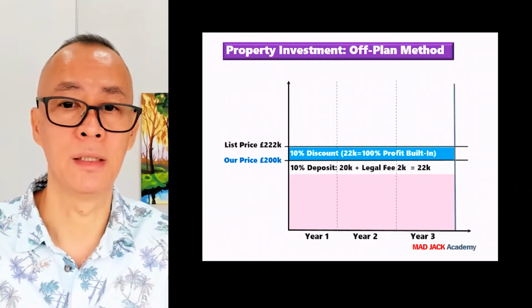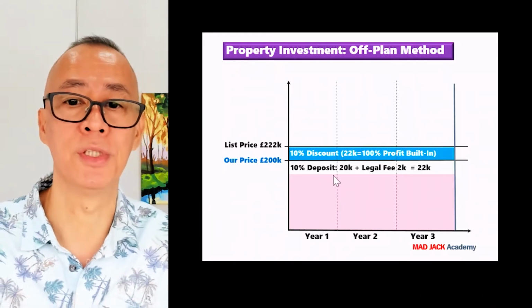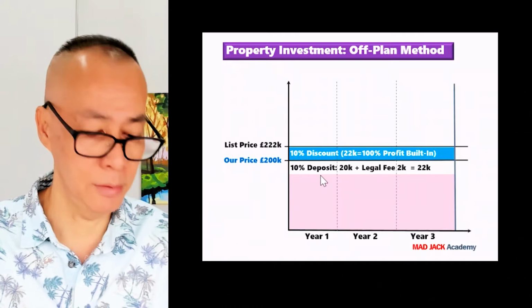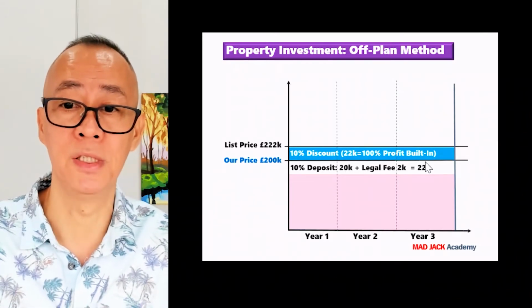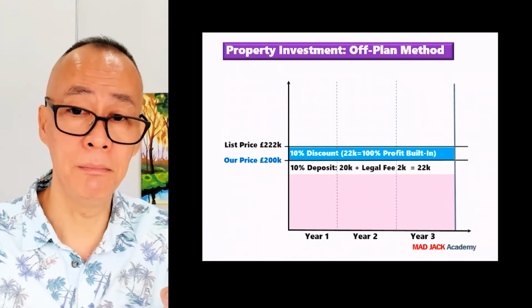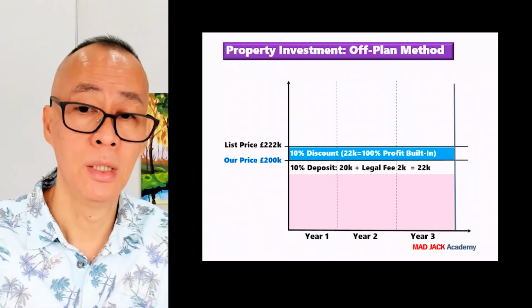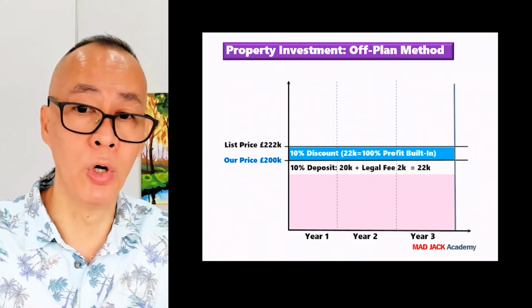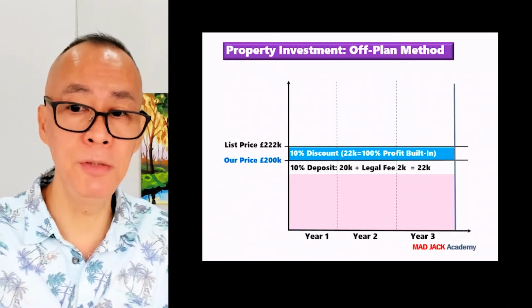You buy this at a bulk discount, then you put a 10% deposit in it. 10% of 200,000 is 20,000, plus legal fee. That's it. There's no extra stamp duty to pay to start with, because you only pay stamp duty at completion. It's very different from Singapore.